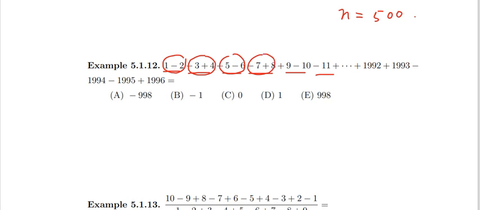Okay. So we just check this number. 2, 4, 6, 8. So here's a negative 1. This is positive 1. Negative 1. Positive 1. So we just try to find. So this number is 1998, 1996.